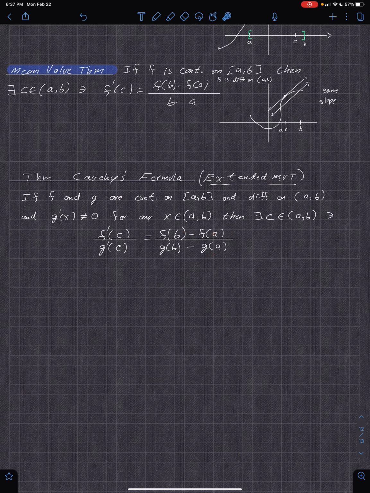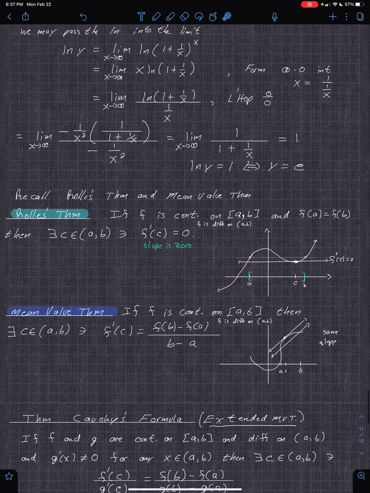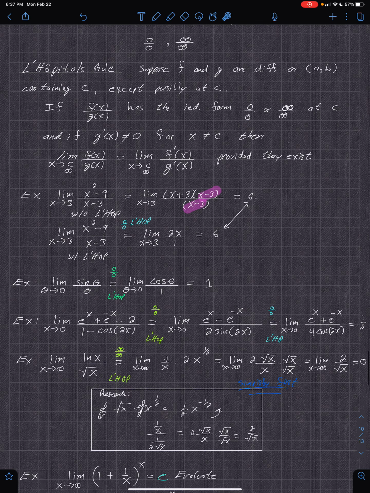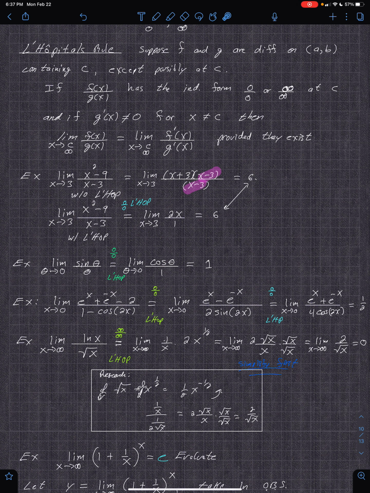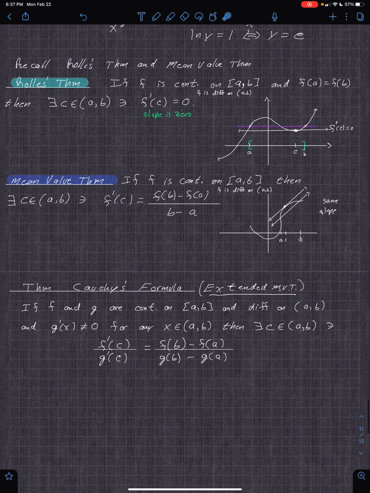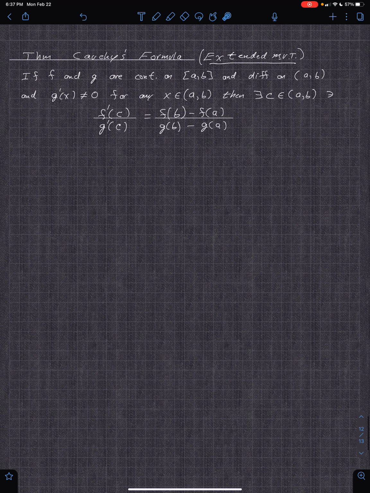And so what we're after is, remember, we're taking a limit of f of x over g of x. So for L'Hopital's rule, let's go all the way back. There it is. We are taking limits, right, of f of x over g of x, and then it's similar to f prime of x over g prime of x. So now look at this.